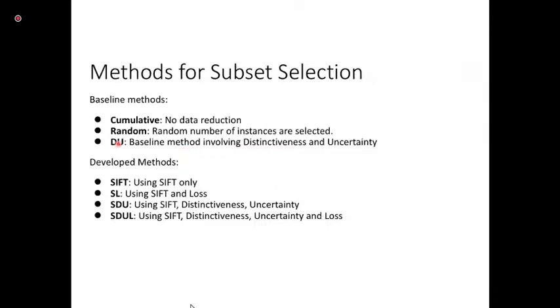One baseline involves just distinctiveness and uncertainty. Others are random, and another baseline is cumulative, where there is no data reduction. And we compare this with the following methods: shift only, shift plus loss, shift plus distinctiveness plus uncertainty, and the whole set.